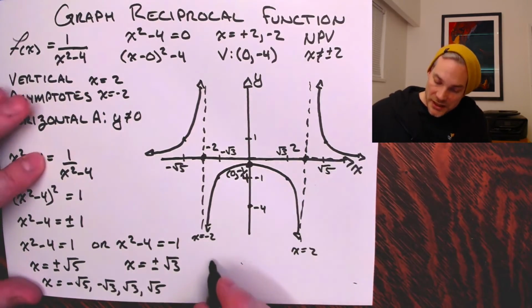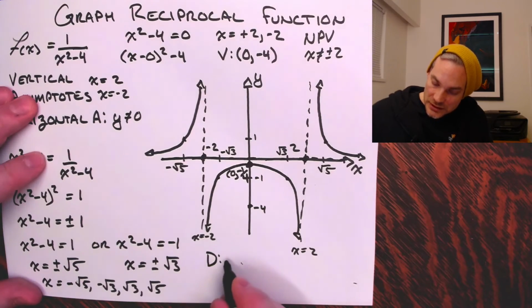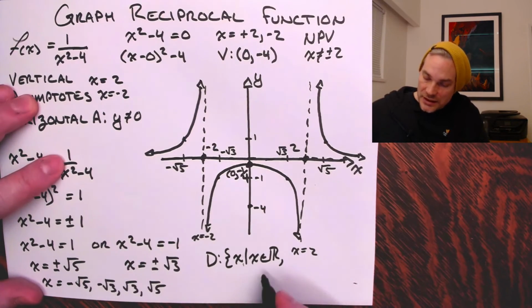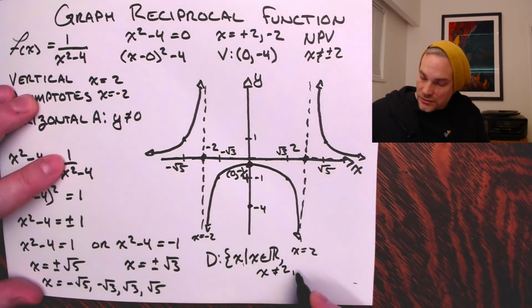So if we did the domain, that's the set of x such that x is an element of the real numbers and x cannot equal 2 or negative 2.